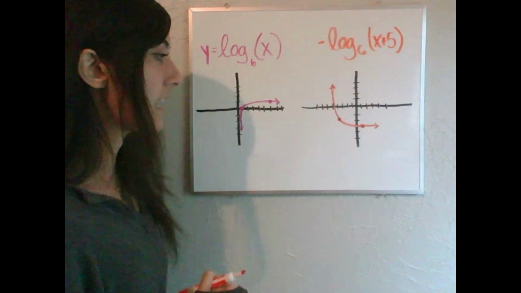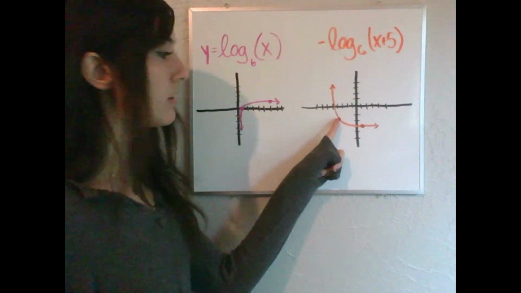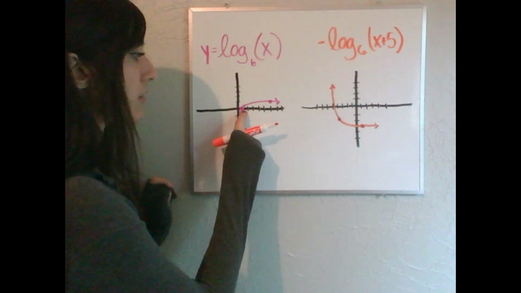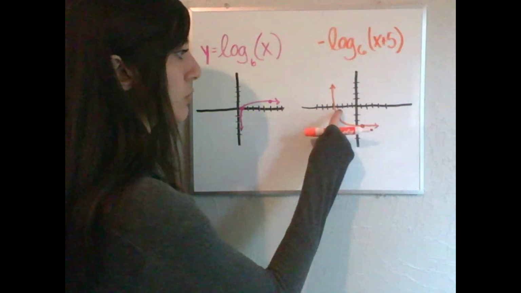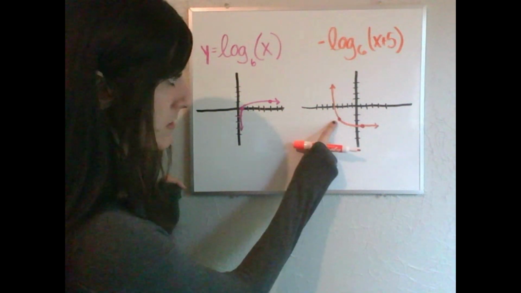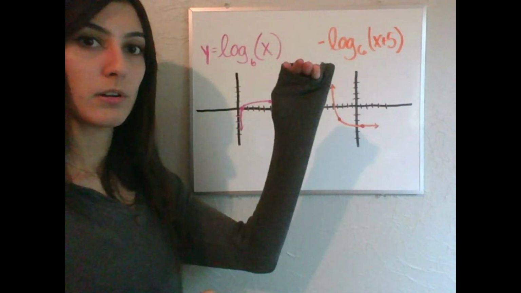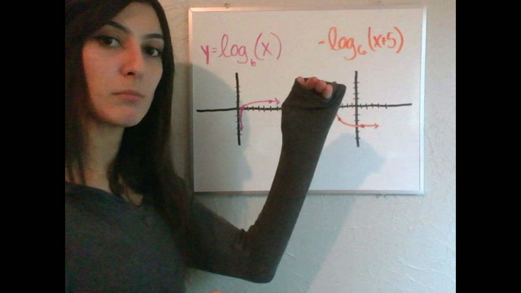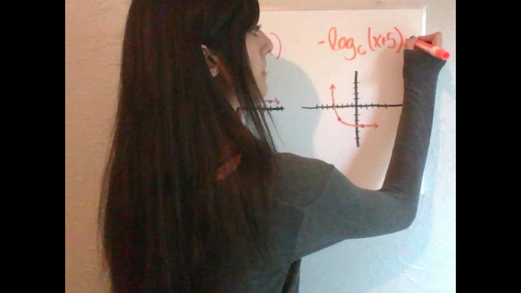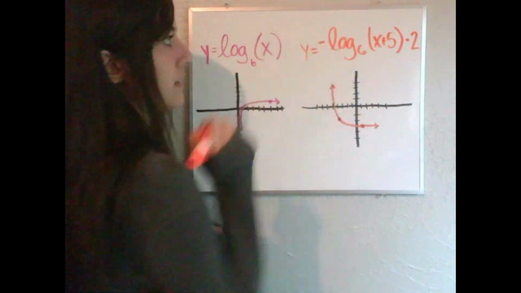And lastly, the first point after my asymptote has moved from (1, 0) to (-4, -2), it seems. So if I started at 0 for my y value and I moved down 2 spaces, this is going to have a -2, and that would be your final function.